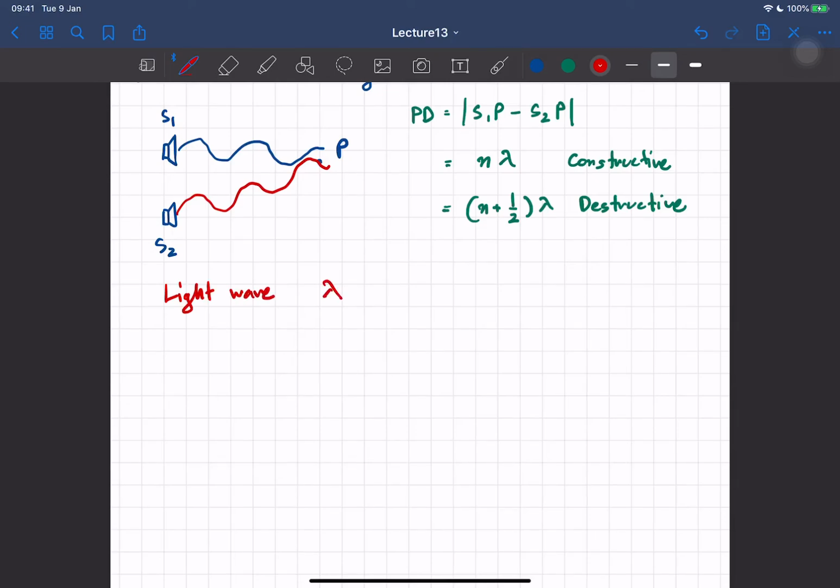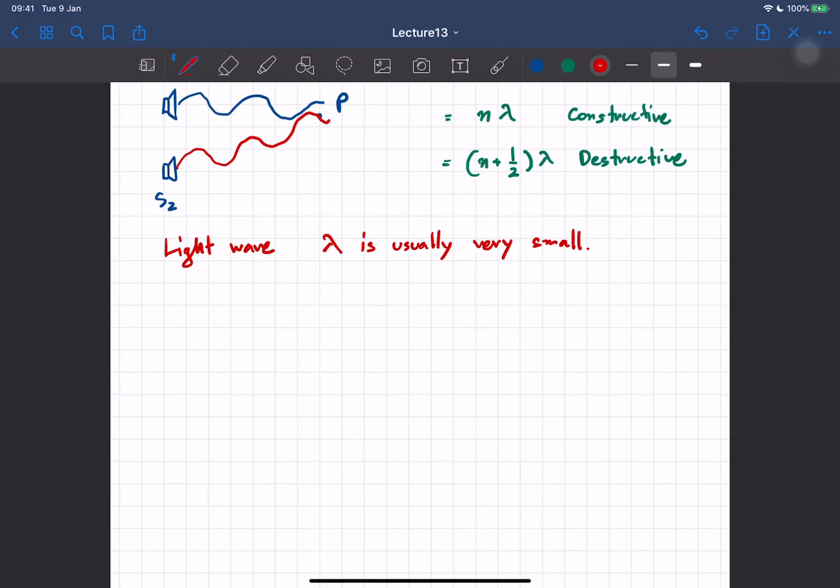So for light wave, because lambda is usually very, very small. How small is it? Well, some of you might know from your high school science class that the light, or especially visible light that you can see, the wavelength is in the range of 400 to 700 nanometers.